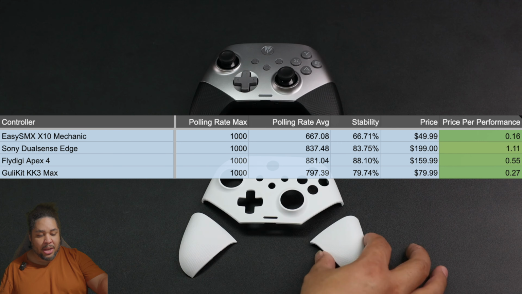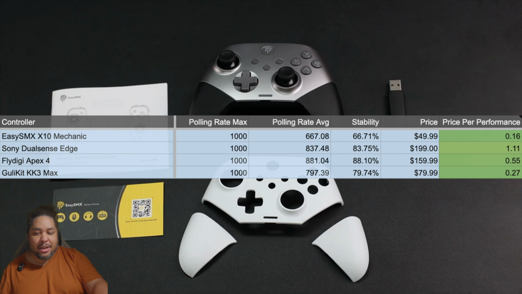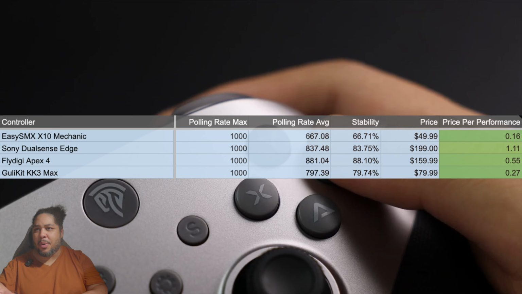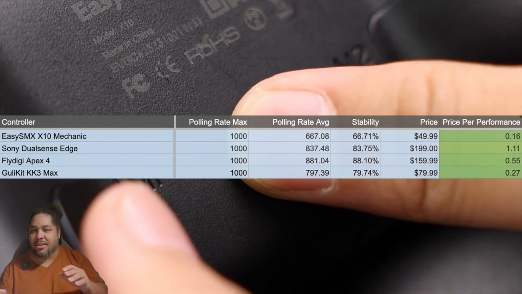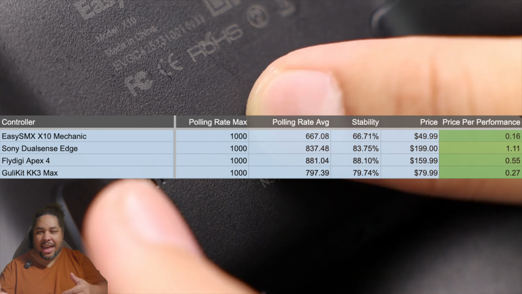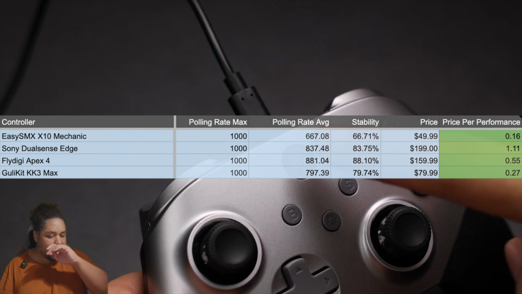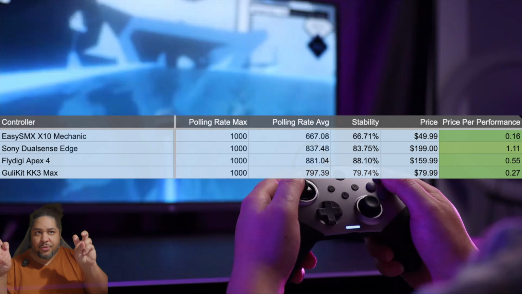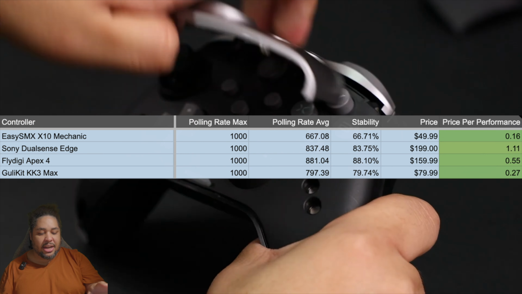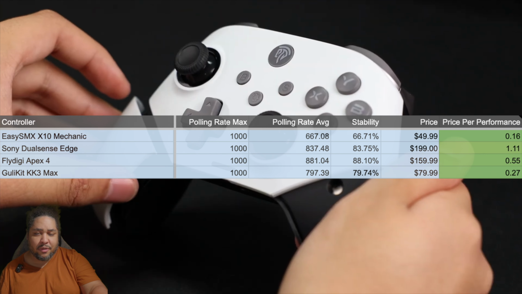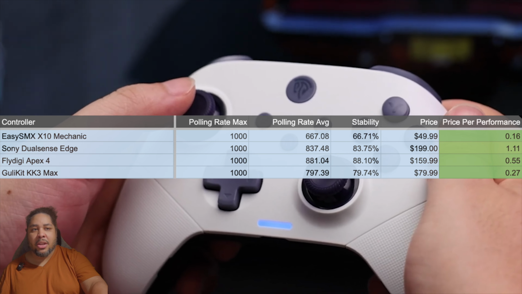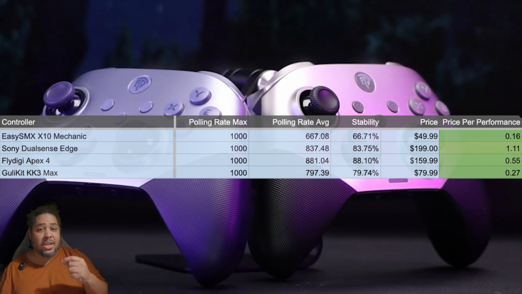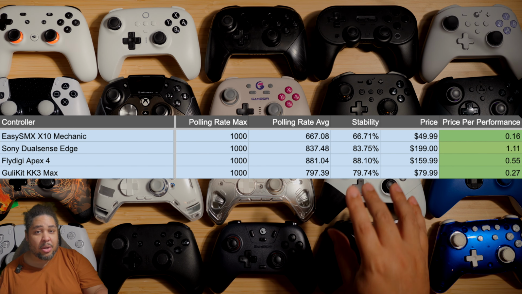You don't have as many features as some of the elites because, when looking at the 1000 polling rate, you can pretty much take for granted that you are in the elite category of controllers. It doesn't have anywhere near as many features as the other controllers in that category, but the price that you get for it is extremely good.